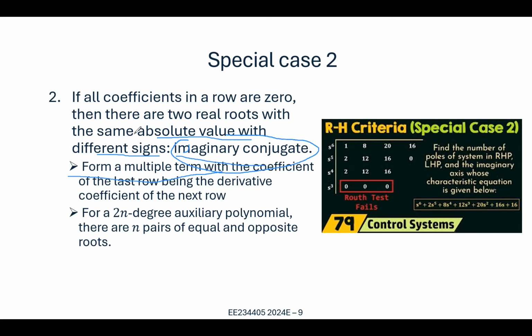And we form an auxiliary polynomial with the coefficients of the last row, and take the derivative to get the coefficients of the next row. For example, for a 2n degree auxiliary polynomial, there are n pairs of equal and opposite roots. So we can see that there are two special cases. Again, the first one is we have 0 here.